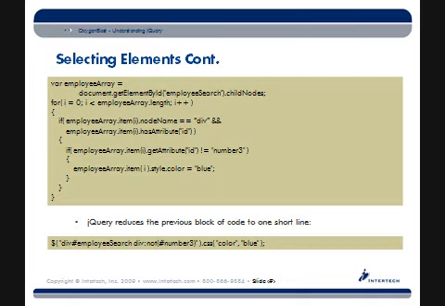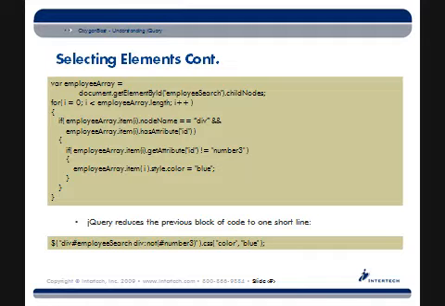Here's a traditional example. And of course, there's a lot of different ways you can select elements and loop through, but this is a common example. I grab some particular element that has an ID of employee search, and I grab all of its child nodes. And what I want to do here is, of all the child nodes that I've got, I want to iterate through each of them. I want to make sure that I'm only grabbing divs that have an attribute of an ID, and I want to make sure that the value of that ID is not number 3.